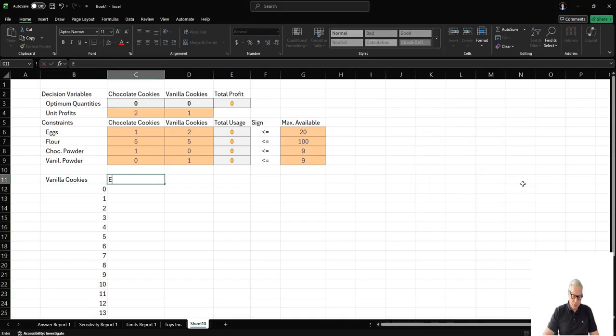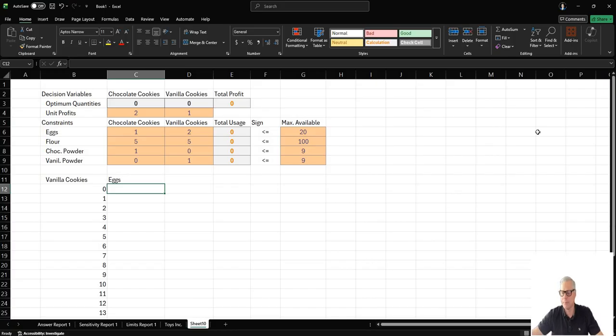Okay, so now the constraints is x. So what we try to do is, when we have all our constraints, we try to generate something in Excel which looks like this.